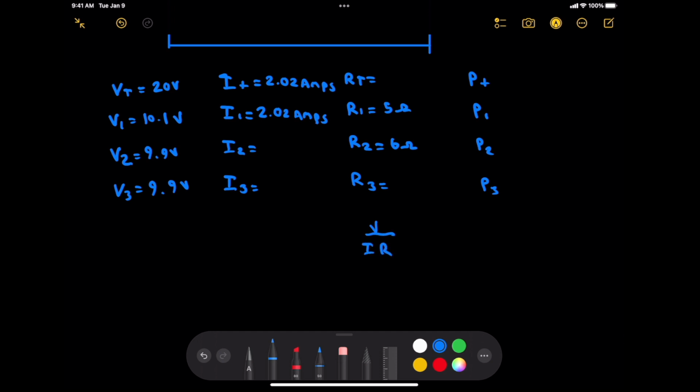So, dividing 9.9 volts by 6 ohms is going to give us the current. So 9.9 divided by 6 equals 1.65 amps.